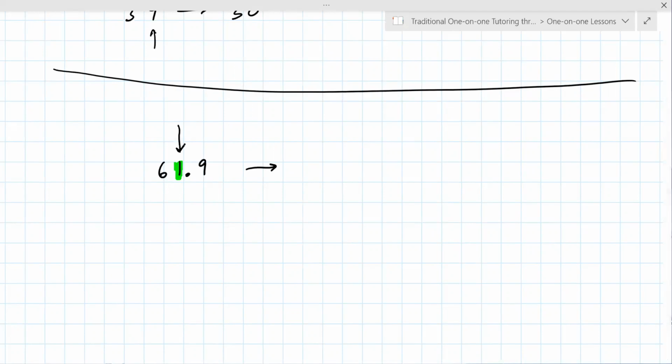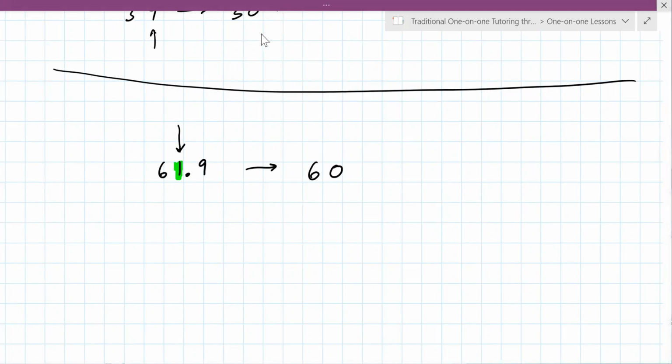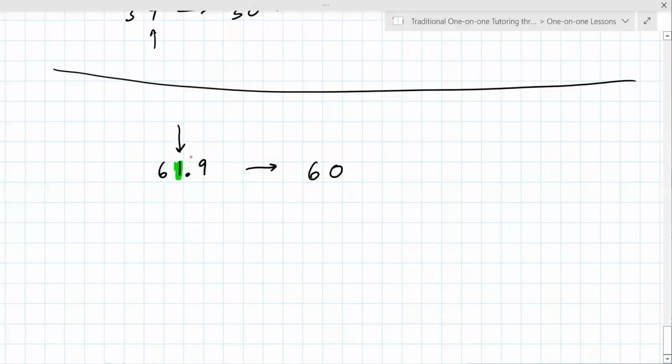Down. Okay, so it rounds to what number? 6 followed by a 0. Oh, 60. Yeah, you really don't even care what this is ever. You just ignore it. Okay.